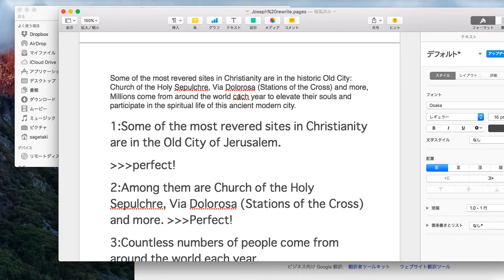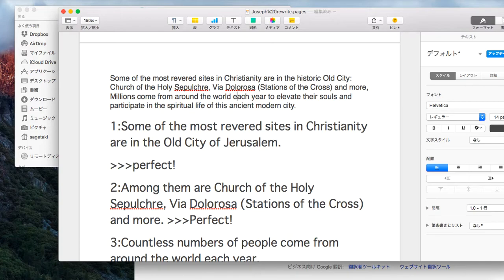By the way, if you find any misspelled words, I want you to correct them. Obviously, it was not cash, but each. So if you find any misspelling, I would ask you to change it to a word that makes sense.